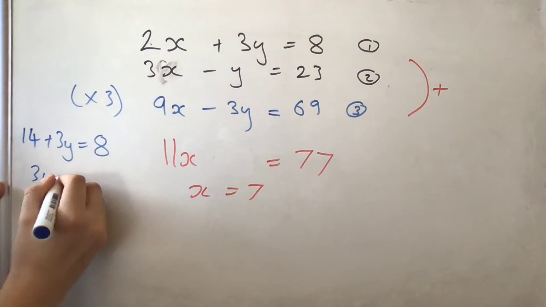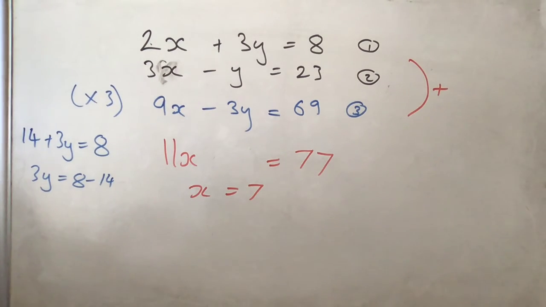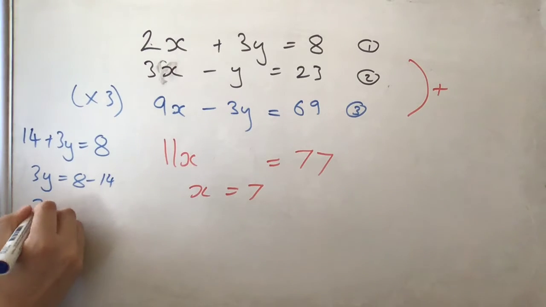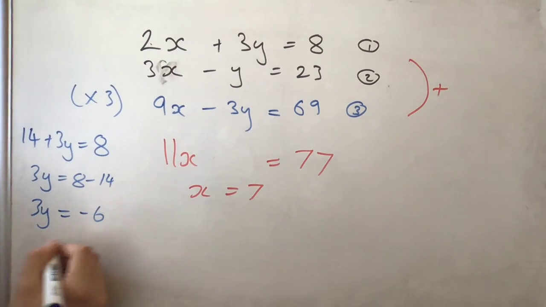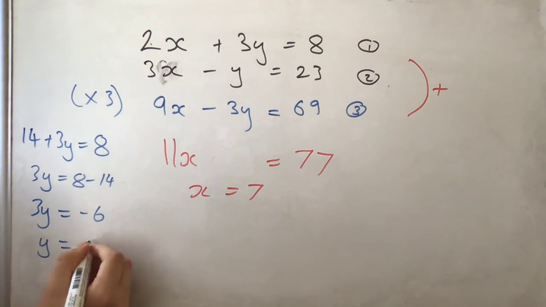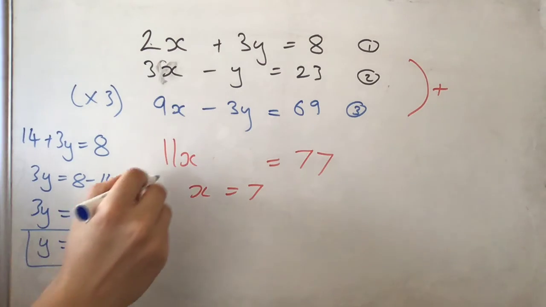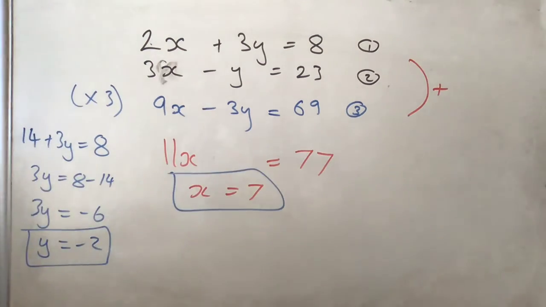So we've got 3y equals 8 minus 14, and 8 minus 14 is negative 6, so 3y equals negative 6, which means that y equals minus 6 divided by 3, which is minus 2. So here's our value of y, here's our value of x. So the solution then is x equals 7 and y equals negative 2.